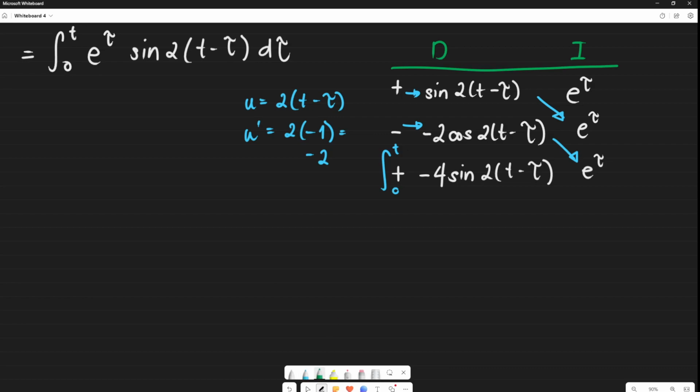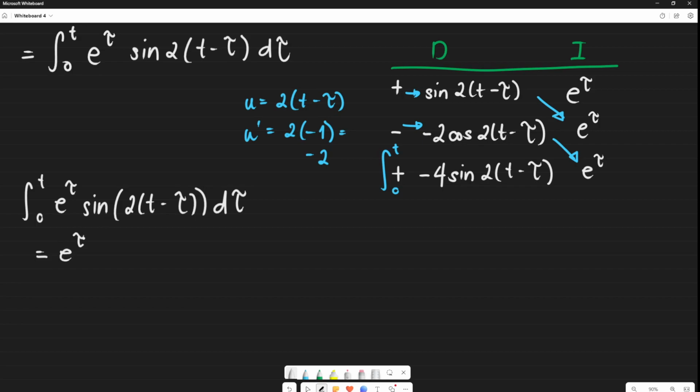Okay? So with that, the integral from 0 to t of e raised to tau sine of 2 times t minus tau d tau is equivalent to e raised to tau times sine of 2 times t minus tau.